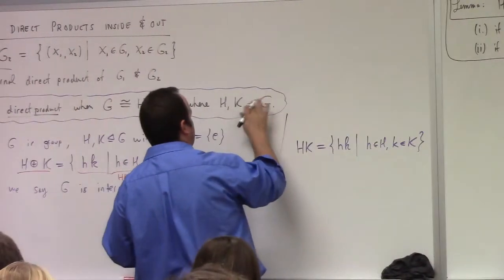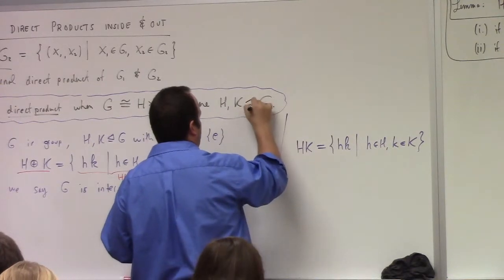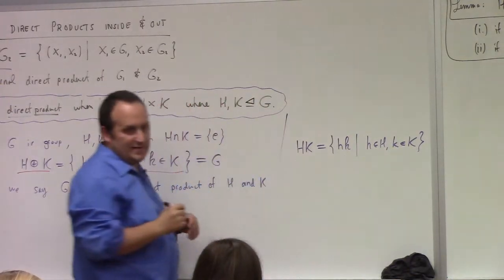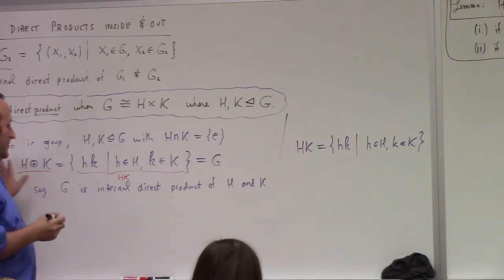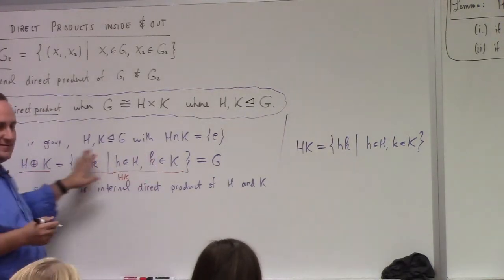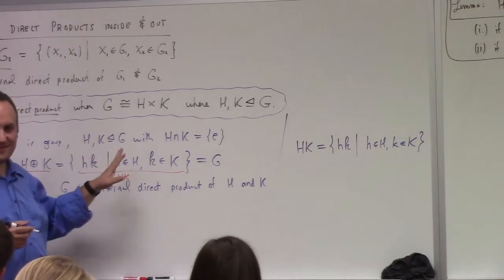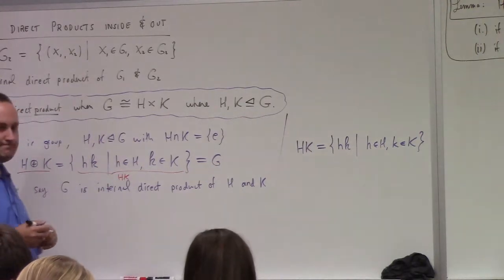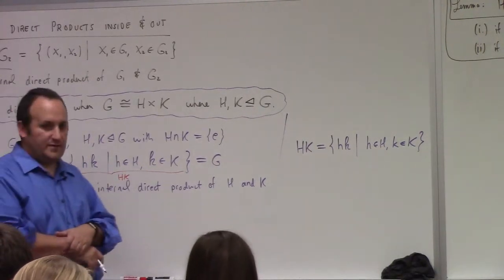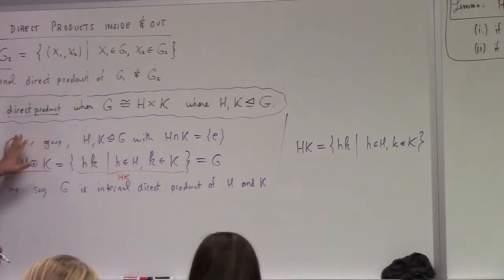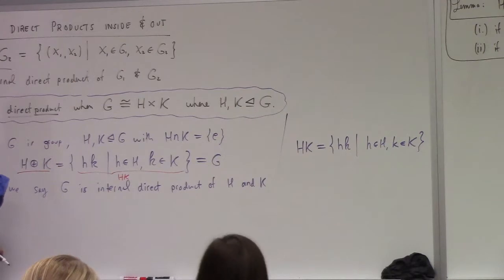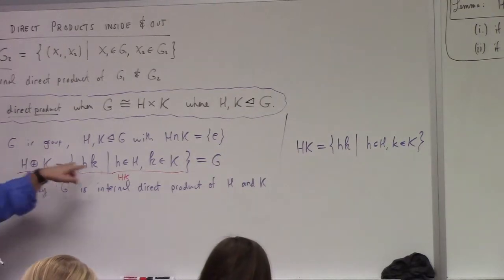It's just, the reason I waffle on that is it's less dangerous to not put normality there. Not putting normality down here is troublesome. Because if I didn't have normality here, I would still have that HK is D3.